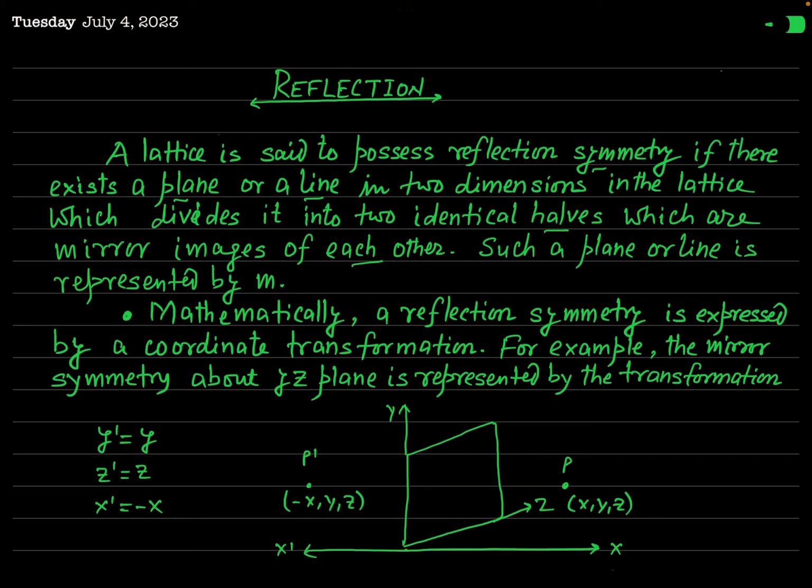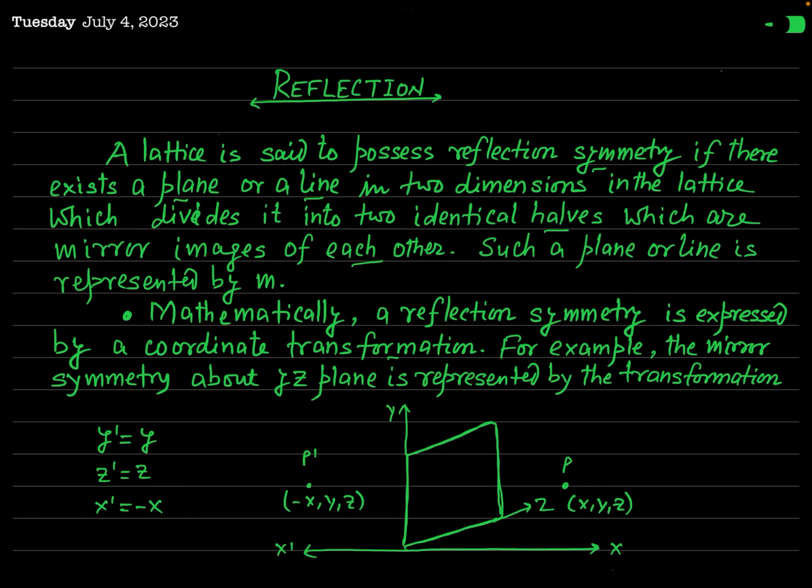Now, how can we define reflection symmetry mathematically? A reflection symmetry is expressed by a coordinate transformation. For example, consider that the mirror symmetry is about the YZ plane, which represents a plane mirror.